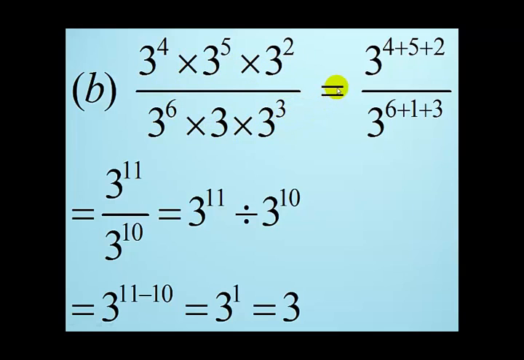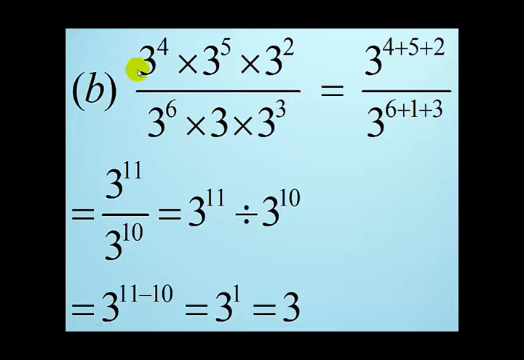Now, when we consider the numerator, we can see that the numbers are of the same base, and the base is 3. According to the first law of indices, we keep the base constant and add the exponents together. So we have 3 exponent 4 plus 5 plus 2, all divided by 3 exponent 6 plus 1 plus 3.